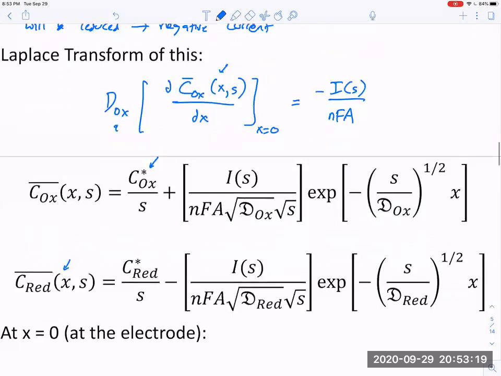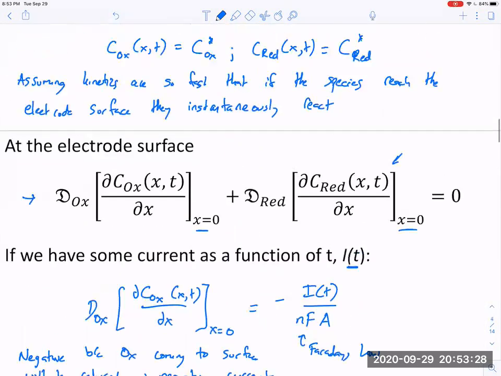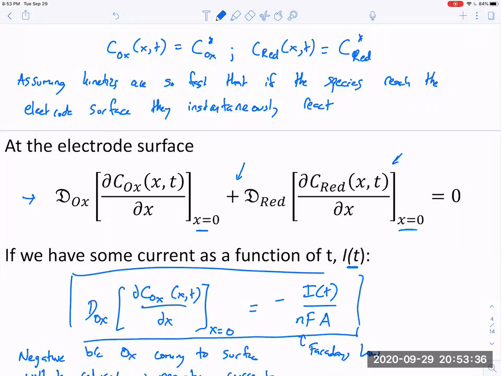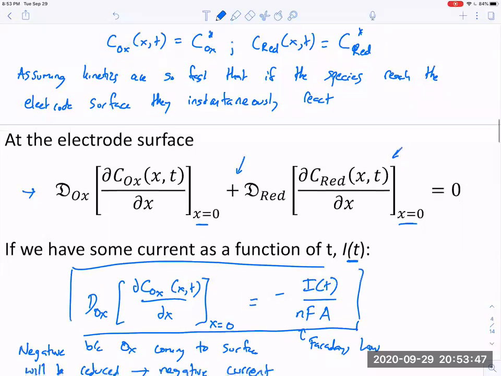So we have a very similar one for the reduced species. The difference is going to be this negative sign here. That comes from this portion: if we wanted to use this equation and replace it with the reduced species, we know that the negative derivative of the reduced species is going to be equal to the positive derivative of the oxidized species.